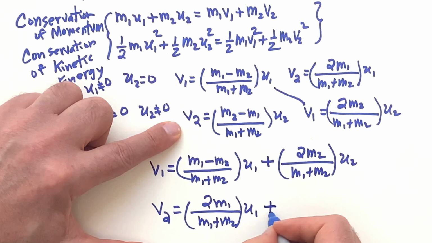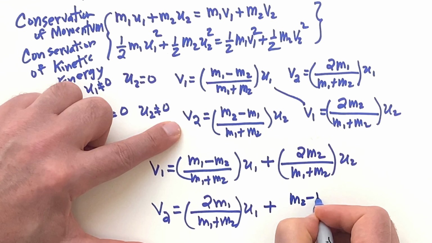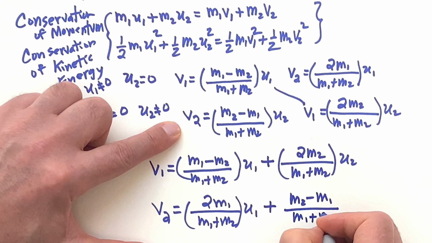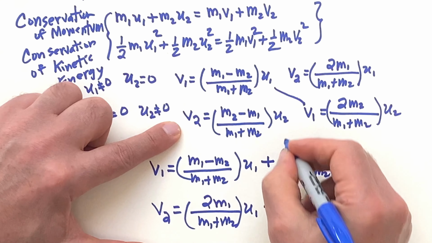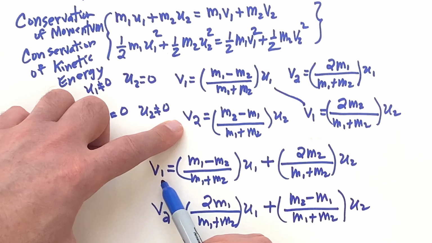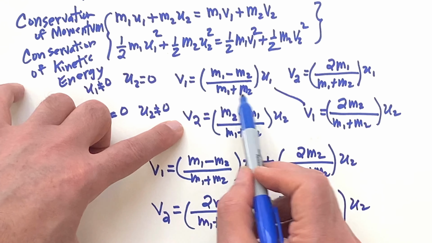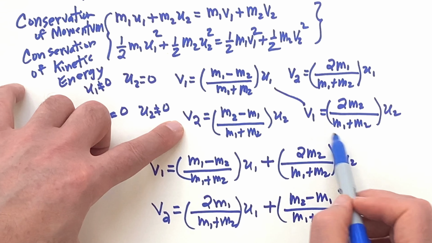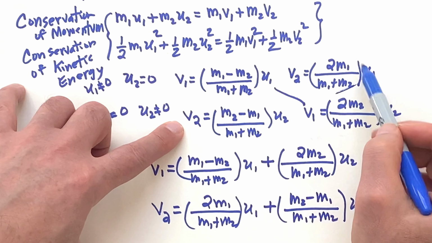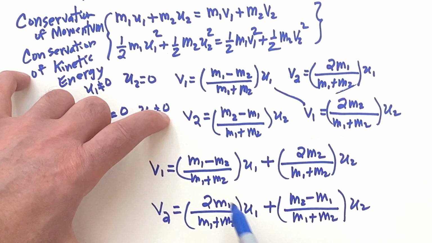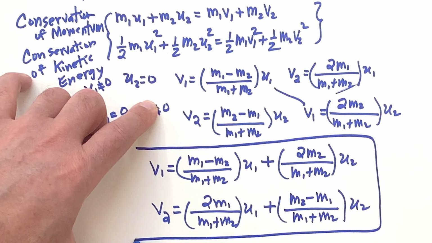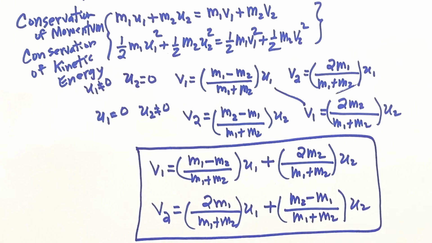So that would be M2 minus M1, that one there, over M1 plus M2, and there's a U2 down there. So for the V1, you take this V1 and this V1, stick them together, and then for V2, you take this V2 and this V2. And I boldly claim that these are the general cases, and it turns out that they are.